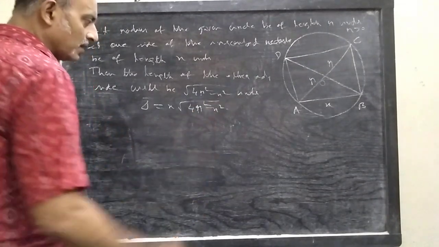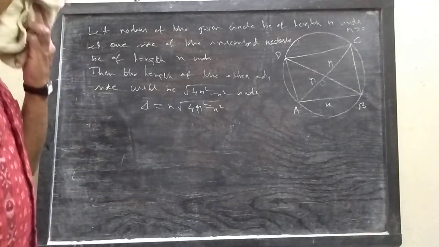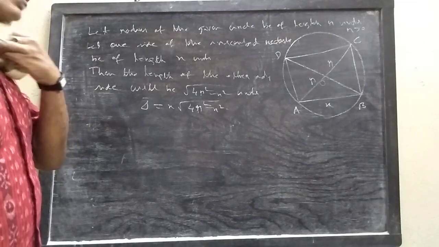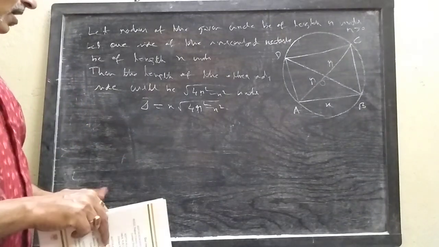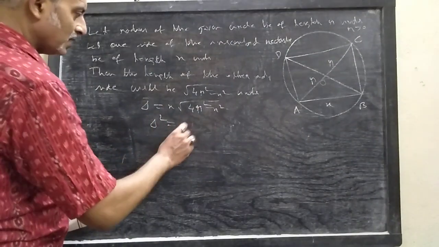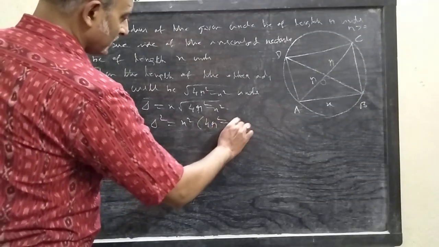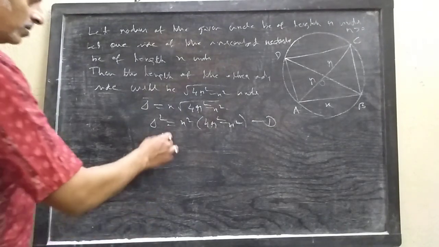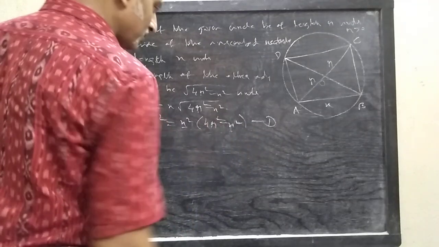In case of maxima minima, when you are facing a square root sign, then if it is possible, try to avoid it. Now if you square this, then the square root will be eliminated. Delta square equals x square into 4R square minus x square, call this 1. Now look, delta square is expressed in terms of a single variable x, R is constant.